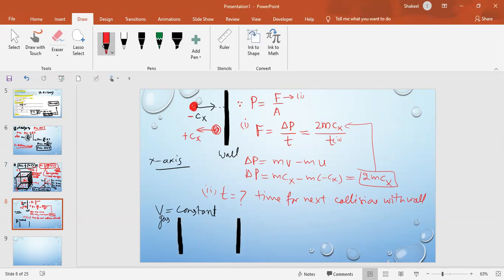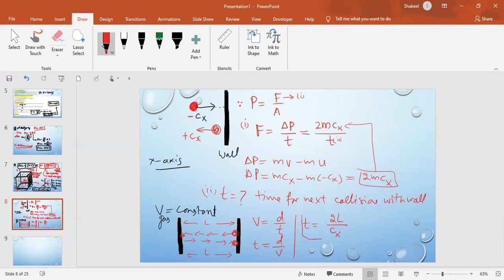If a gas particle started its motion from this wall and moves to the other wall, it has covered a distance of L. It collides and then comes back. So for the same collision with the wall, it has to move this distance twice. We say v is distance over t, so t is distance over v, and then t is 2L by cx. 2L, because it has to cover at least 2L distance to collide with the same wall again, and cx is its speed along the x-axis.